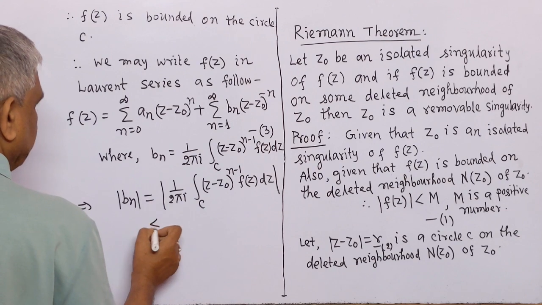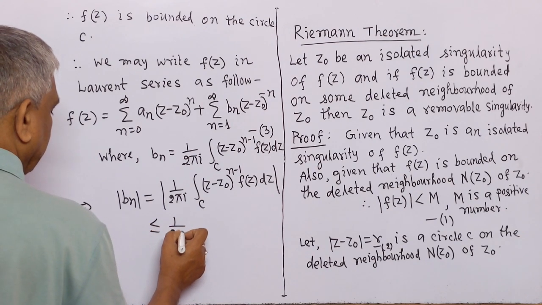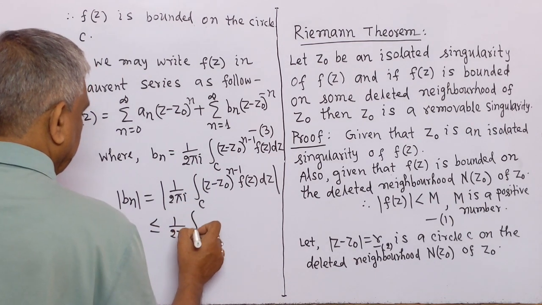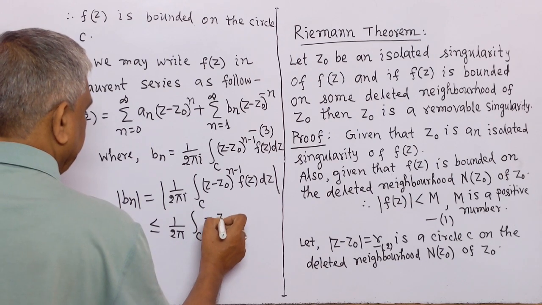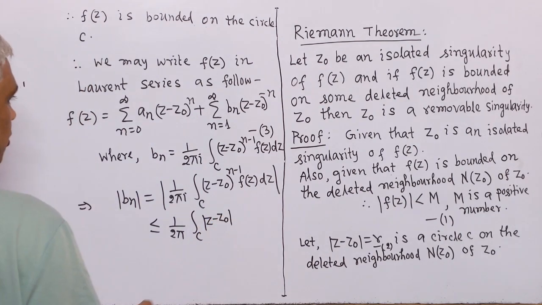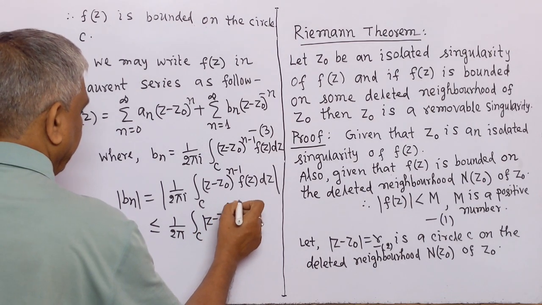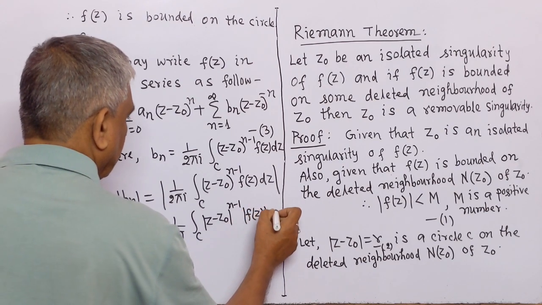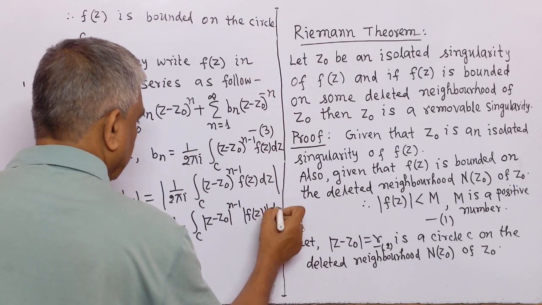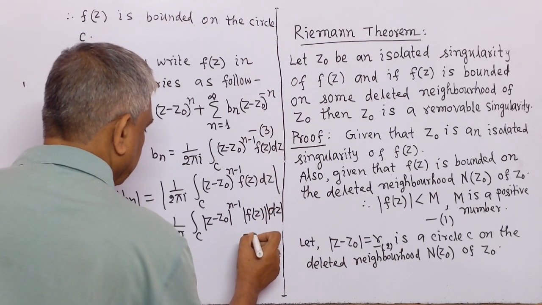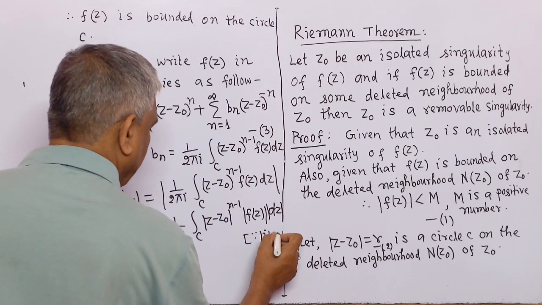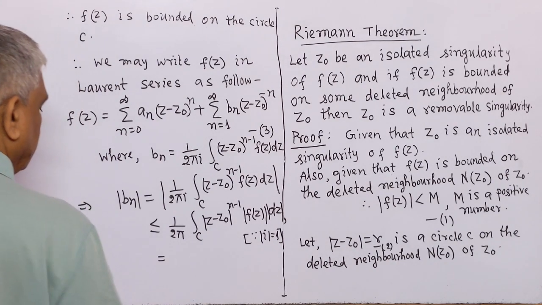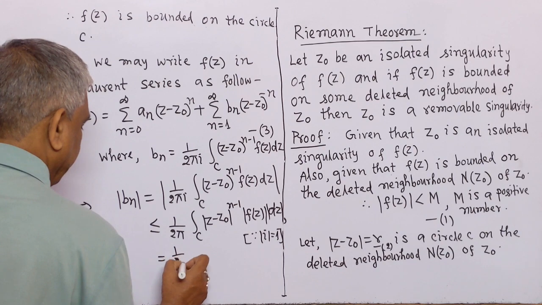This is less than or equal to 1 by 2 pi, since modulus of i equal to 1, and here modulus of (z minus z naught) whole to the power n minus 1, modulus of f(z), modulus of dz.